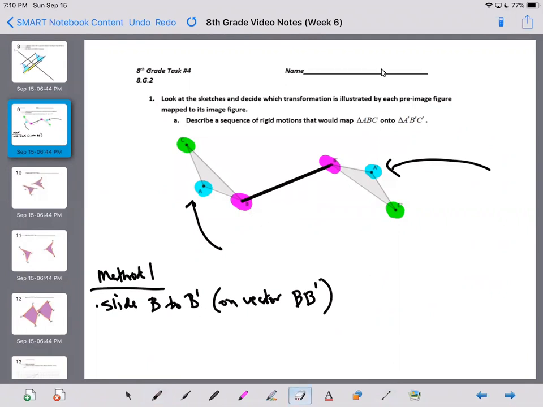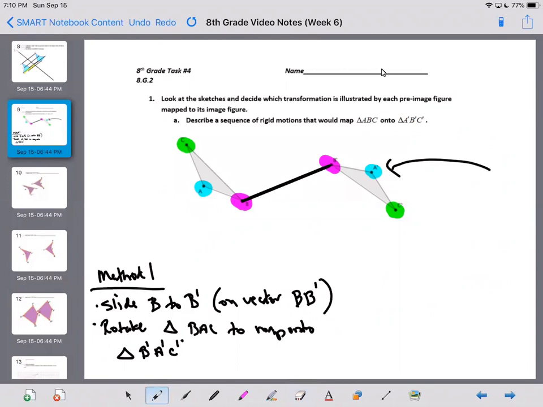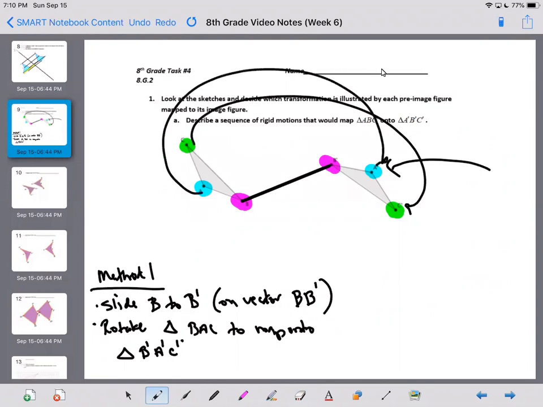And then once you do that, you would need to rotate triangle BAC to map onto triangle B prime, A prime, C prime. So we would slide it, but then we would rotate it. We would do that so C would land over here, A would land here, and B would turn and land here. So there'd be a rotation involved for method one.